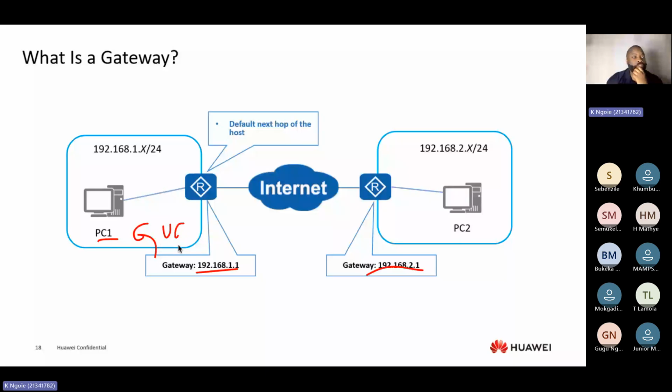So Google is using this PC, and she's searching for something on the internet. And then we have PC2, which is being used by Precious.